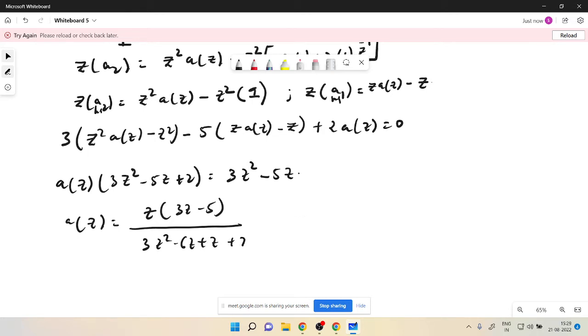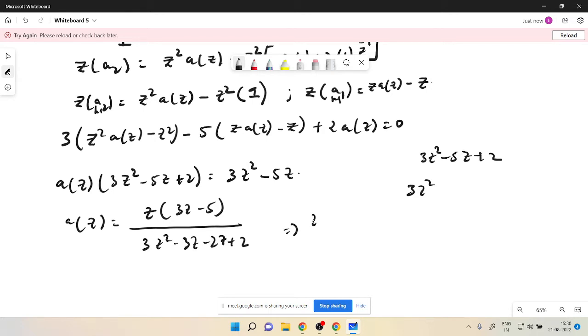Something fishy. 3z square minus 5z plus 2, right? 3z square minus 3z minus 2z, right?